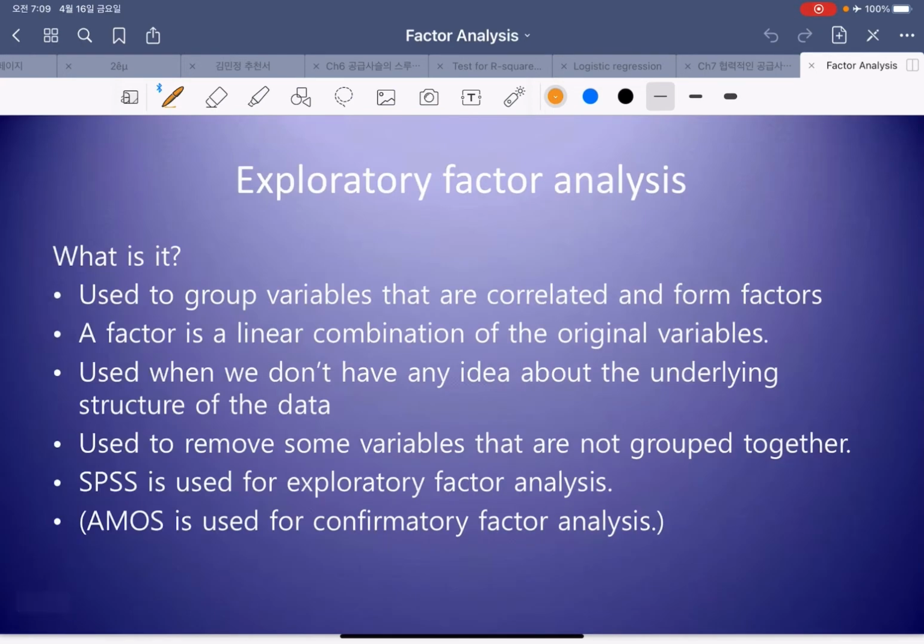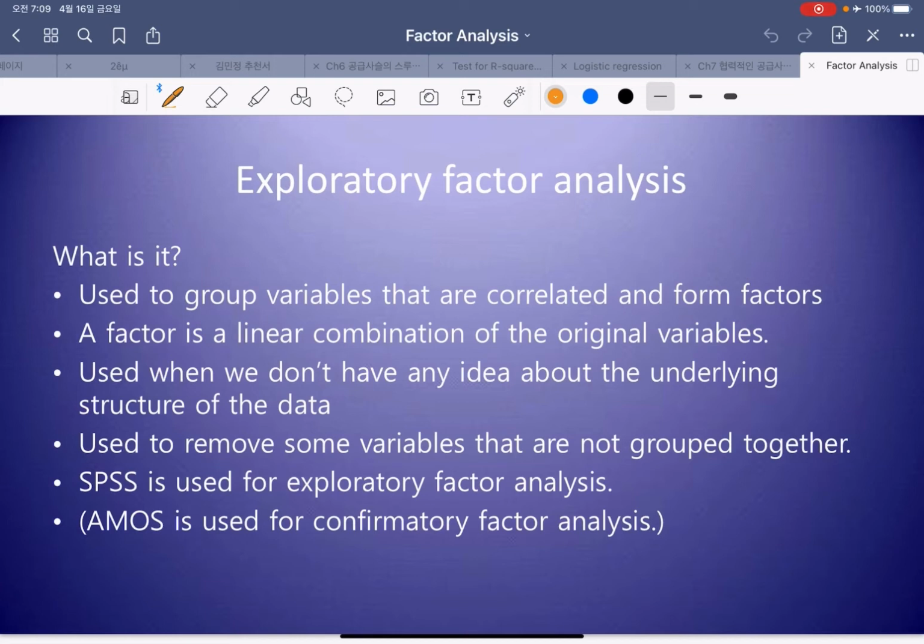Now let's talk about exploratory factor analysis. So what is it? Well, this one is used to group variables that are correlated and form factors, right? So grouping variables means a factor is a linear combination of the observed variables.